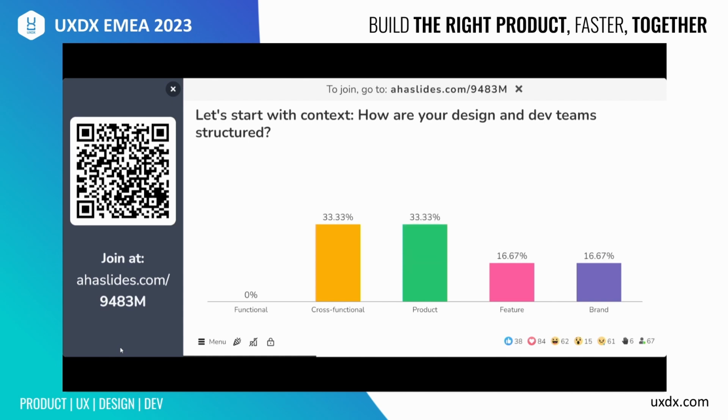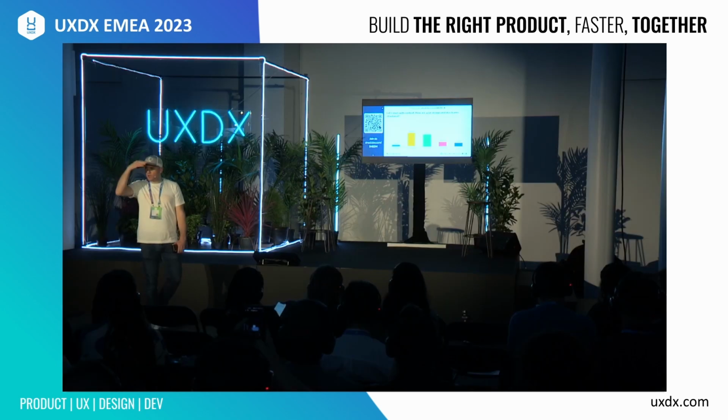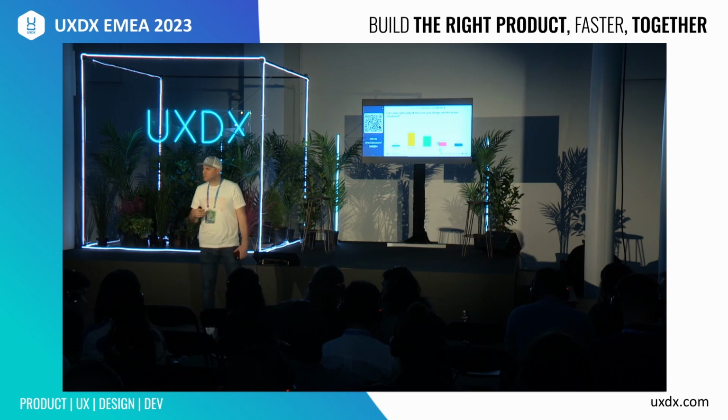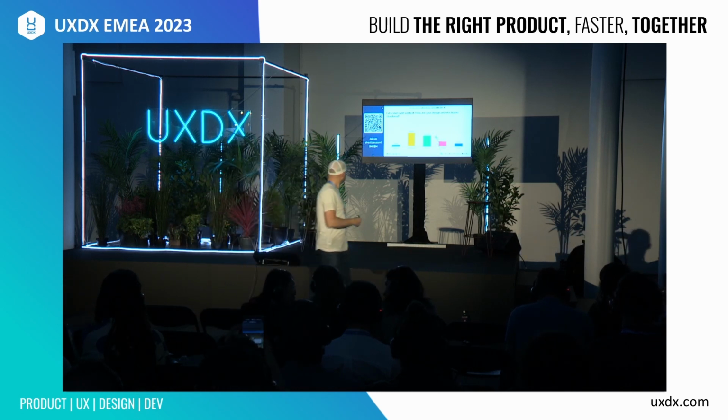You might do it by brand if you have multiple brands. You might do it functionally, developers, squad model, whatever. So go ahead and vote on these, and I'm then going to start asking some questions, and we're going to have raising of hands, and we have someone with a microphone who's running around who's going to help us as well.